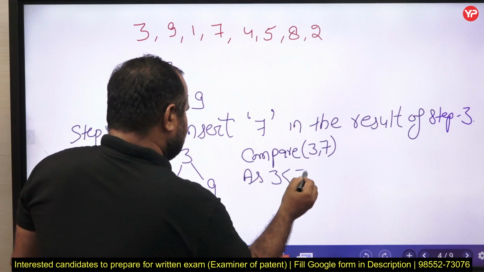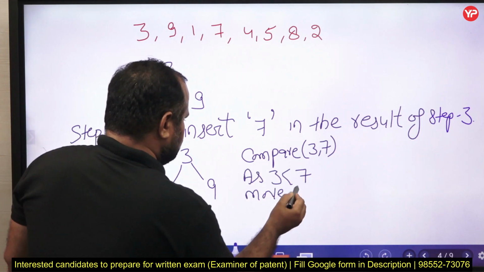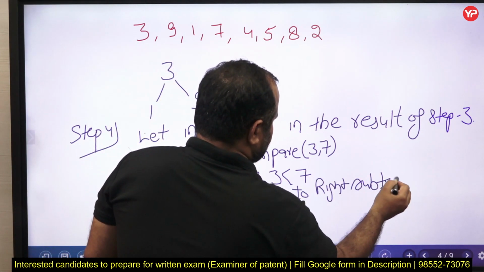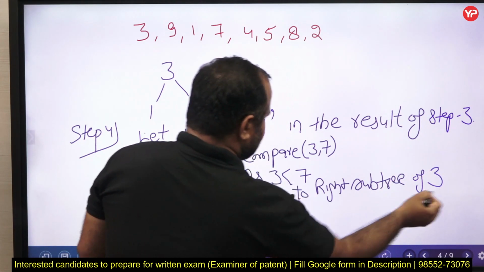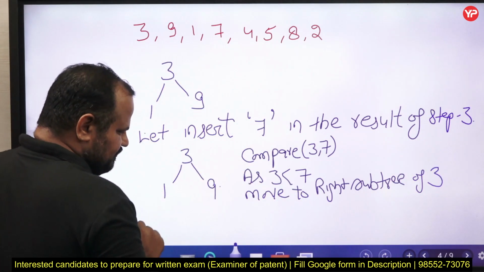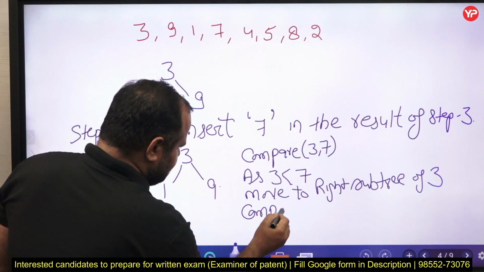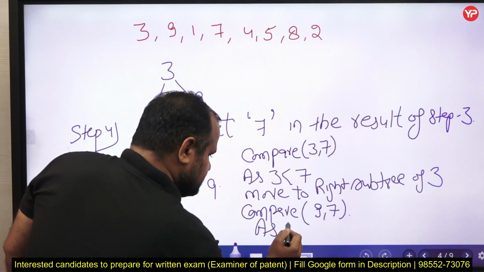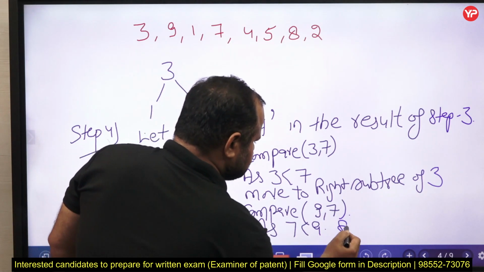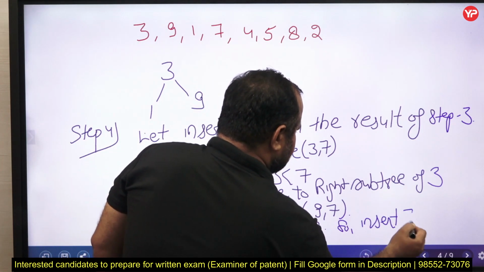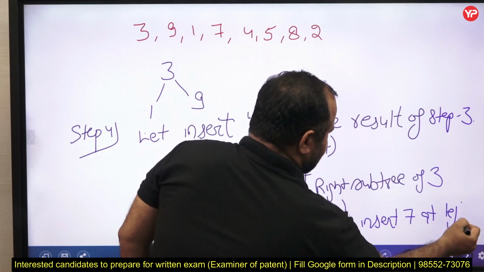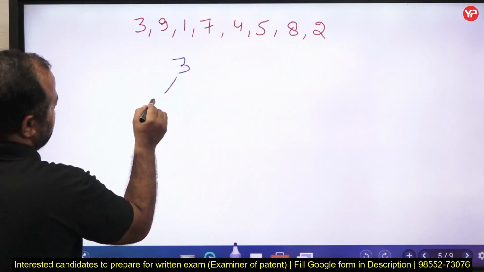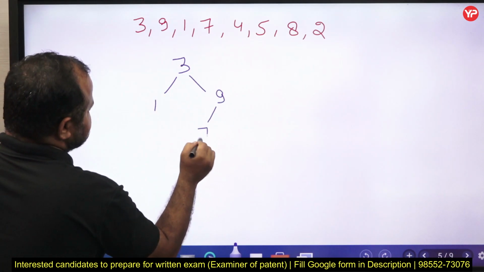As 3 is less than 7, move to the right subtree. Find the right subtree of 3. Now again we need to compare 9 and 7. As 7 is less than 9, insert 7 at the left of 9. So my final result is 3, 1, 9 and 7.